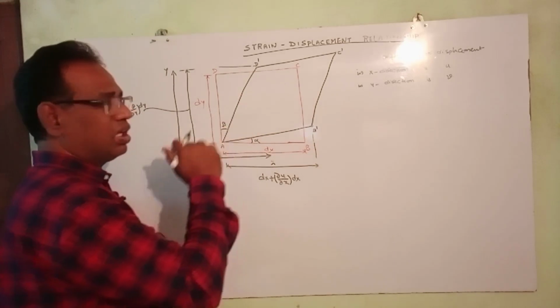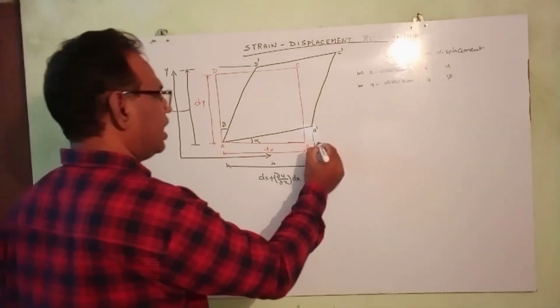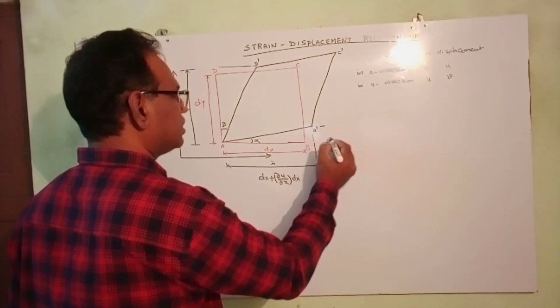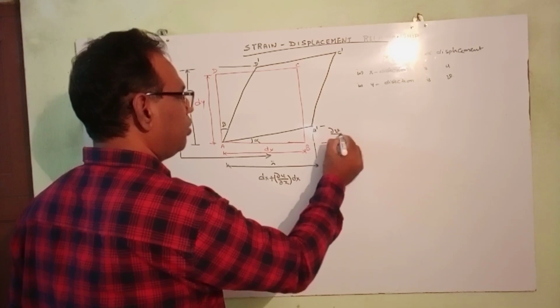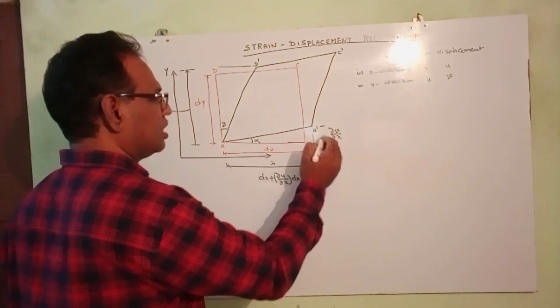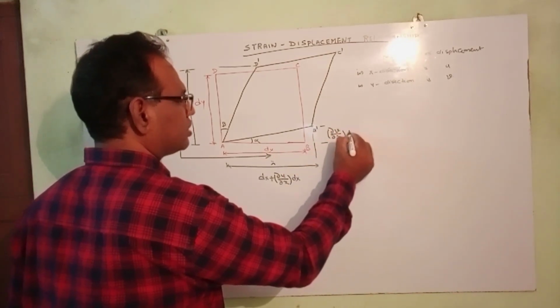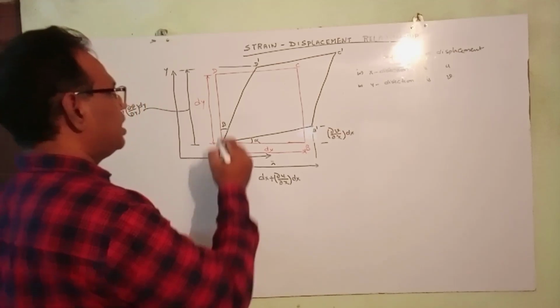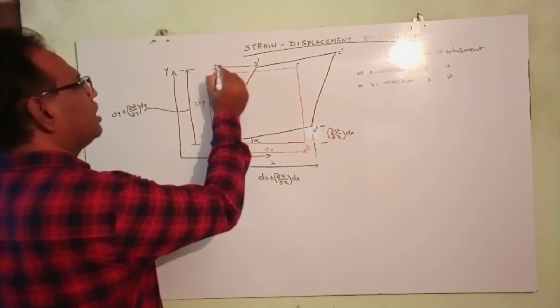Alpha and beta will give the distorted shape for finding the shear strain. This particular length is approximately equal to dou v by dou x, the change in the y direction for a small distance of dx. Similarly, this particular thing from here is distorted.